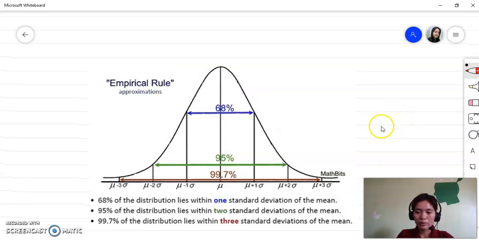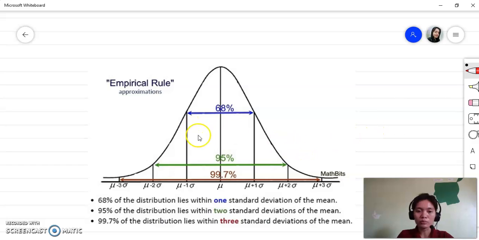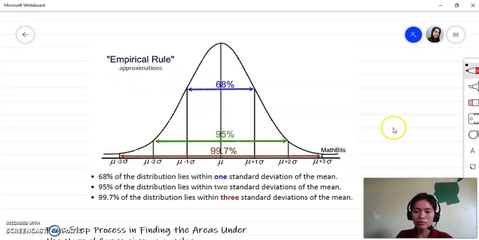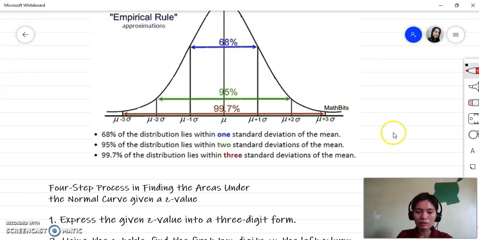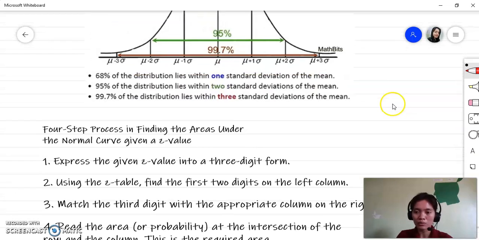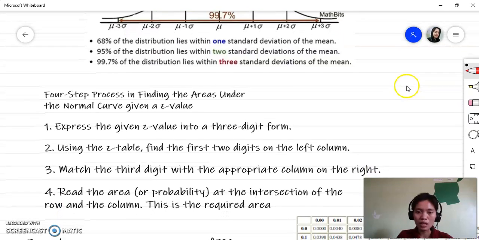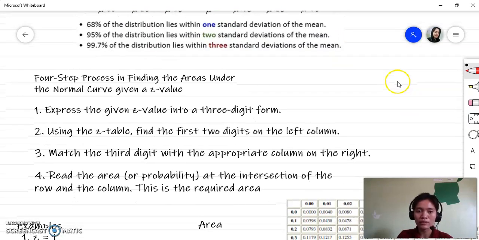Now, we're going to find areas under the normal curve. Aside from the mean 0 to -1, or from -1 to +1, we're going to find the other areas under the normal curve given a certain z-score or z-value. Before that, here are the 4 steps you need to follow in finding the areas under the normal curve given a z-value.